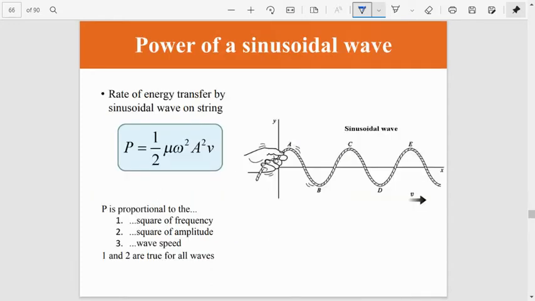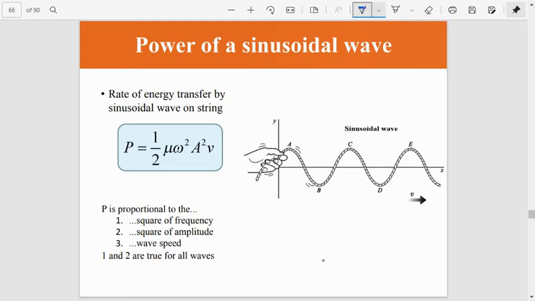And again, power is a measure of energy per unit time. So you can imagine, right, as the pulses of the wave move through, there's a constant amount of energy being delivered. After all, the wave does move with a constant speed through that particular medium.